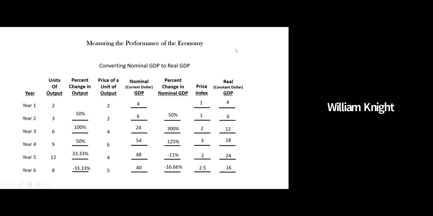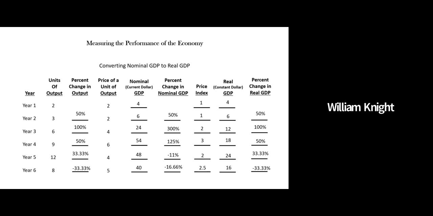Now let's compute the percentage change in the real or constant dollar GDP and see how well it indicates the actual performance of the economy as measured by the percentage change in output. Well, the percentage change from 4 to 6 is 50%. The percentage change from 6 to 12 is 100%, 12 to 18 is 50%, and so on. Check out these numbers. You see that the percentage change in real GDP is the very same as the percentage change in output.